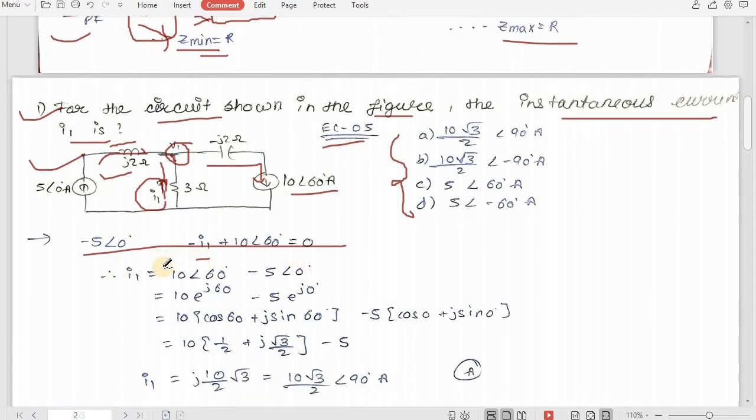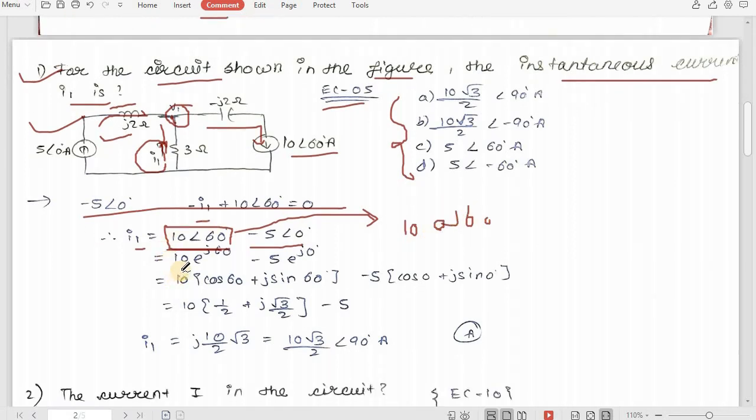Now if we take I1 on one side and the rest on the other side, we will get I1 equals 5 angle 60 degree minus 5 angle 0 degree. Now this is in polar form. If we convert this into exponential form, it will be 10 e raised to j60, so basically magnitude into e raised to j angle.